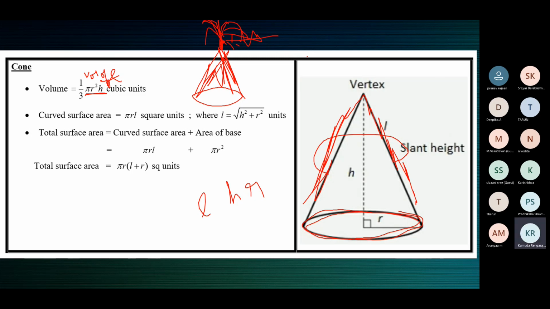Compare a flower pot and an ice cream cone. I told you, this is a night cracker which is burned during Diwali, not the flower pot. I'm not talking about the flower pot.